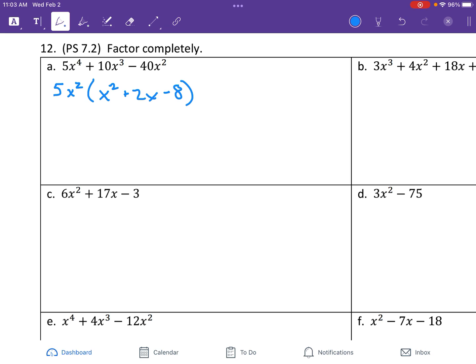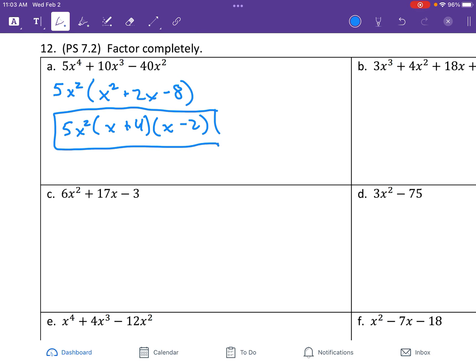Now we can look at the stuff inside the parentheses and factor that. The two numbers that multiply to be -8 but add up to be +2 are +4 and -2. I still have to have 5x squared on the outside. This is as factored as you're going to make it, and that is your answer.